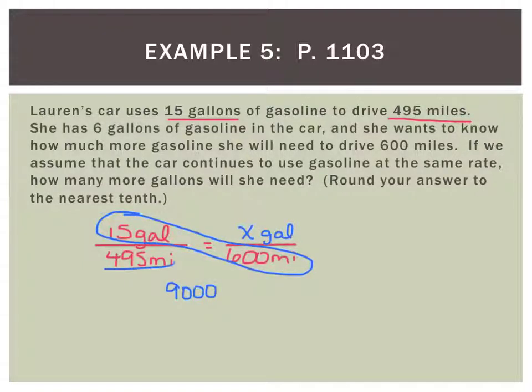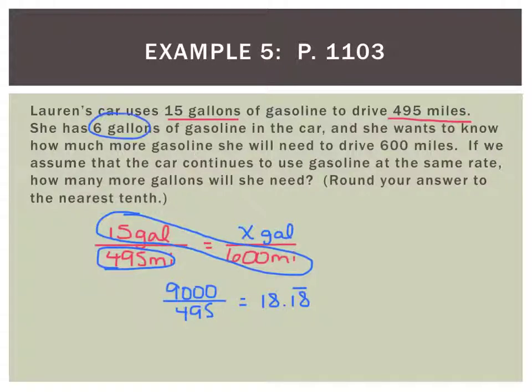And then I'm going to divide it by 495, which is 18.18, 18 forever. So it takes 18.18 gallons to go 600 miles.